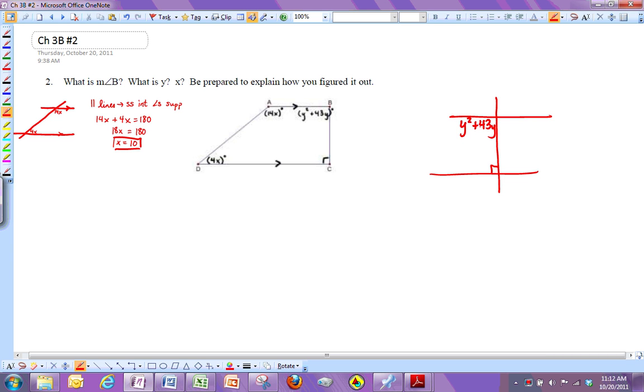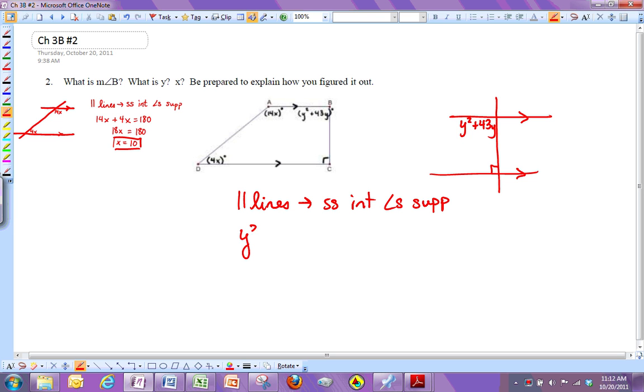And again, these two angles here are same side interior, and we already know that the top and bottom are parallel. So using the same logic, parallel lines give same side interior angles that are supplementary. We get that y squared plus 43y and 90 should add up to be 180.